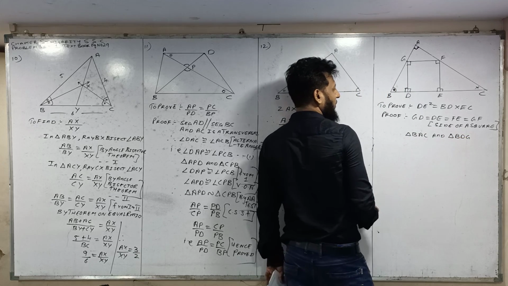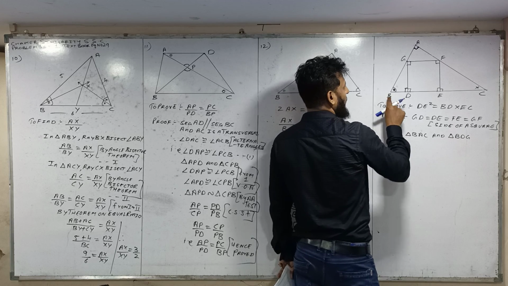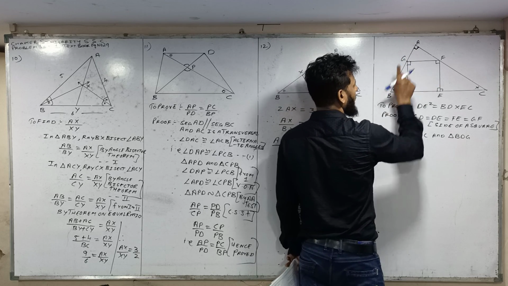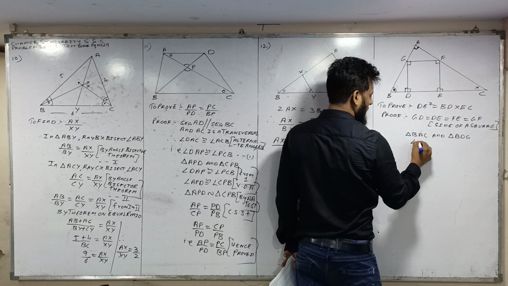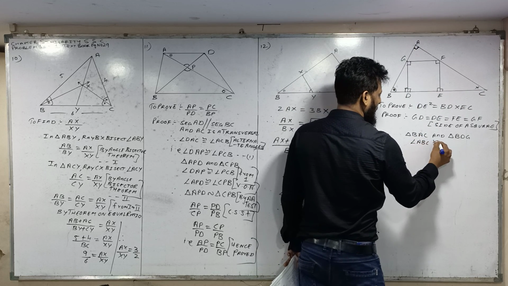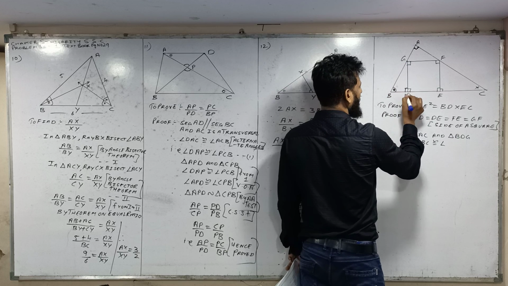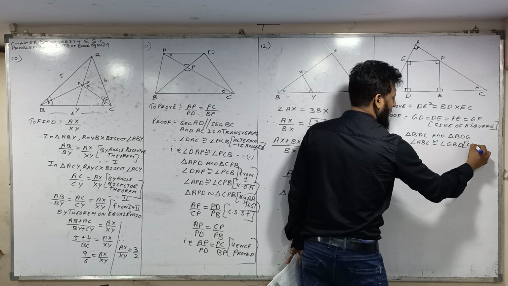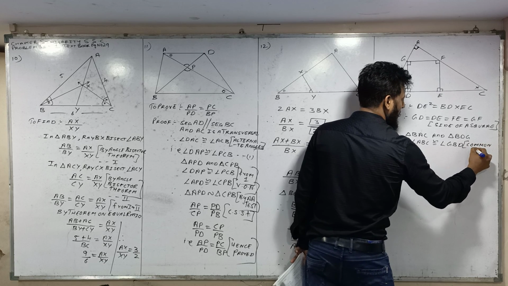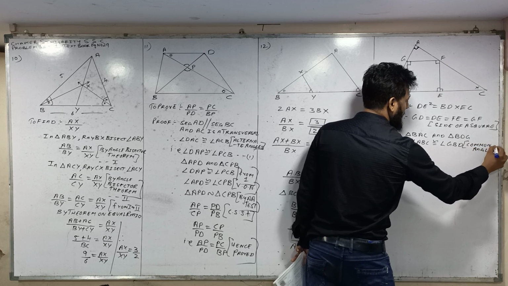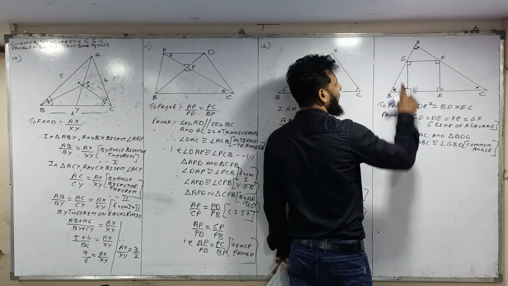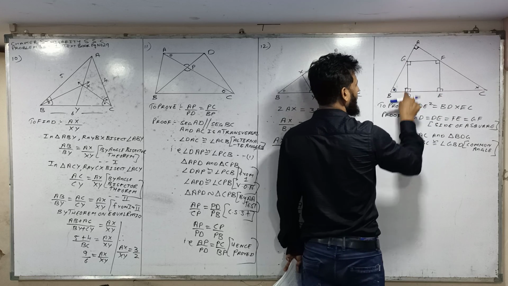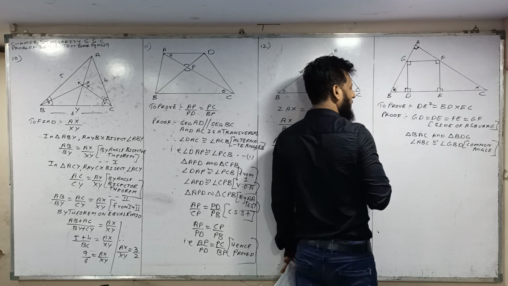We have to prove these two triangles similar. In this, the common angle is angle ABC, congruent to angle GBD, the common angle, named according to their triangle. So for this triangle I am naming this angle ABC, and for this triangle I am naming GBD.